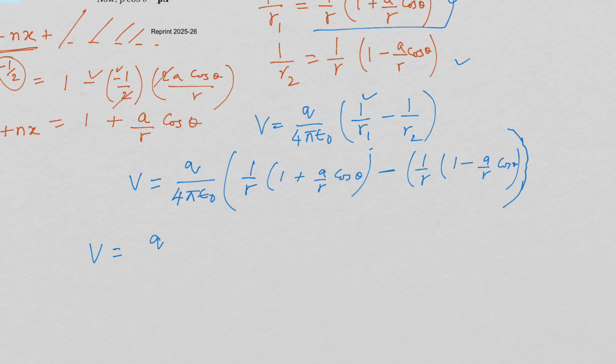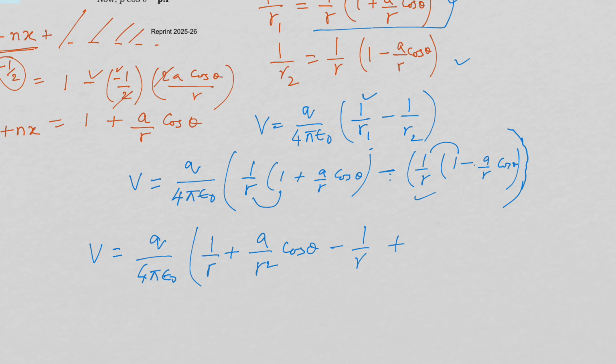V is equal to q upon 4 pi epsilon naught. So this is multiplied to 1, then 1 by r plus a by r square cos theta, and then this is 1 by r, and it is multiplied by 1, and then this minus and this minus will become plus.